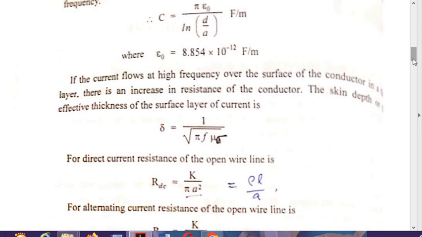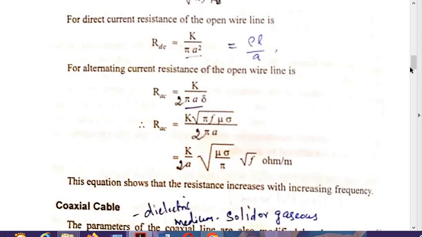We know the value of R depends on length by area, that is, length of the wire by area of the wire. For alternating current, the resistance of the open wire is RAC equal to K by 2 pi A sigma. So RAC is K divided by, as we have seen, the skin depth value, so we have to substitute the skin depth value here.